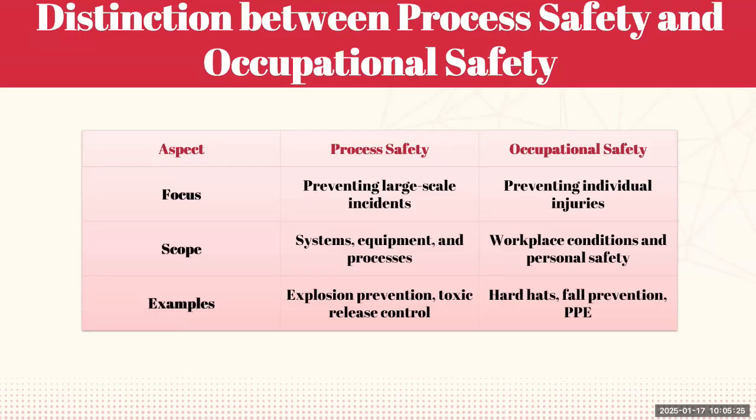An example of process safety could be explosion prevention and toxic release control, while for occupational safety it would be wearing hard hats, fall prevention, and PPE, which is personal protective equipment.